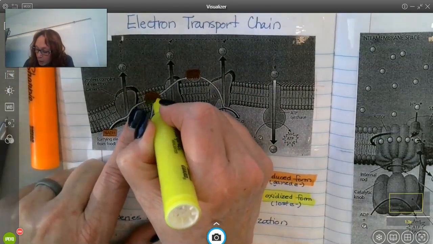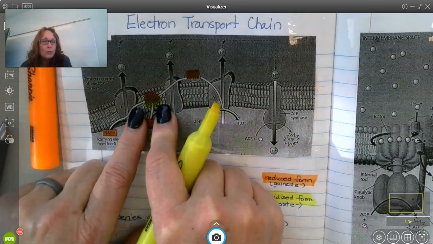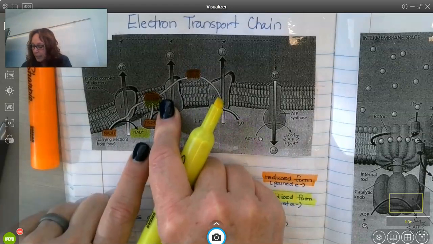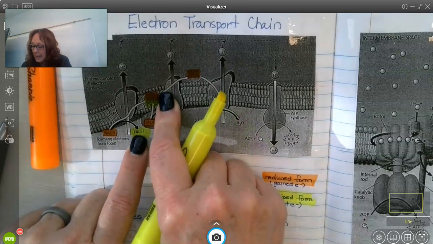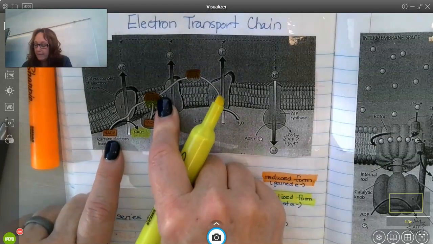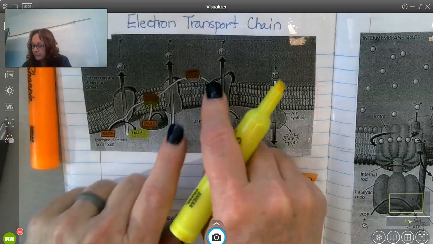Okay, now I don't have them anymore. So Q has two forms. It has an oxidized form, just like we had with NAD, and it has a reduced form, just like we had with NADH. They have the ability to gain and lose electrons.